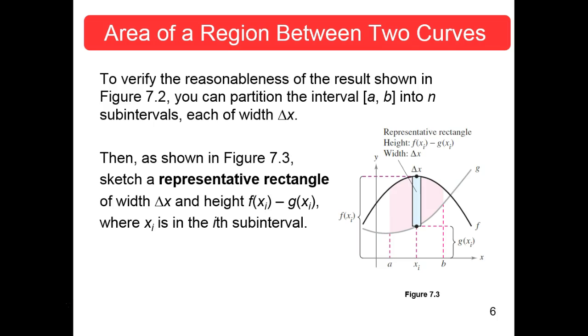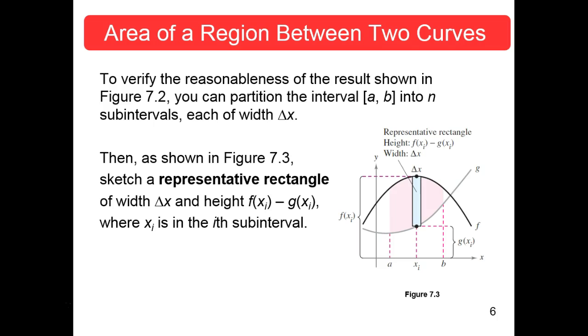If this is the upper curve, we call that f in this case. The lower curve is represented by the function g. Then the area between these two curves, measuring only from A to B, the important thing is that f always be greater than or equal to g everywhere between A and B. Out here it wouldn't fit, because f is less than g.